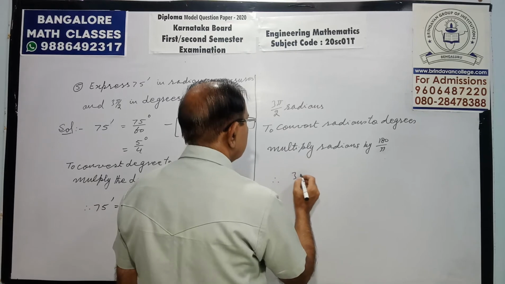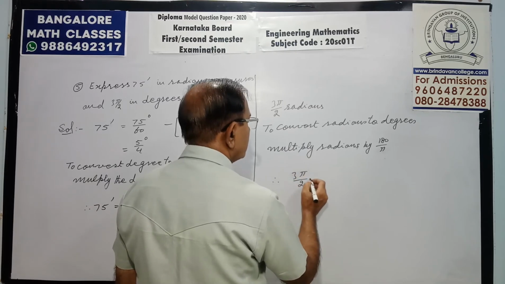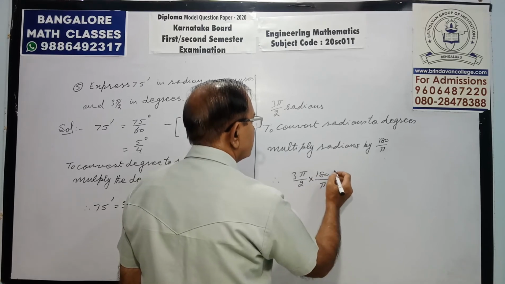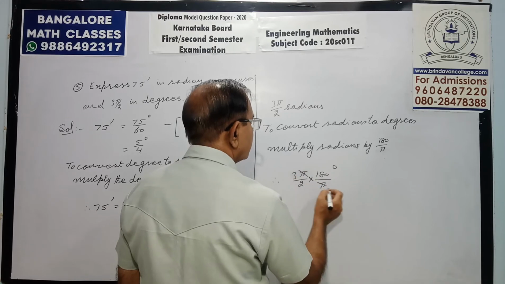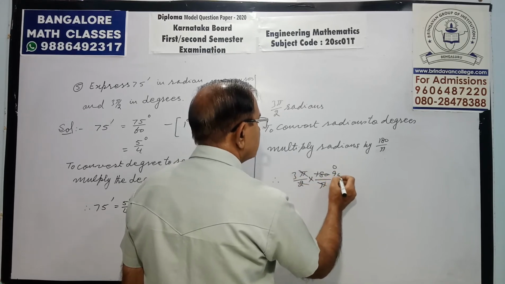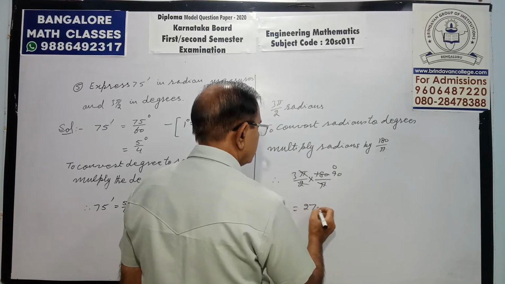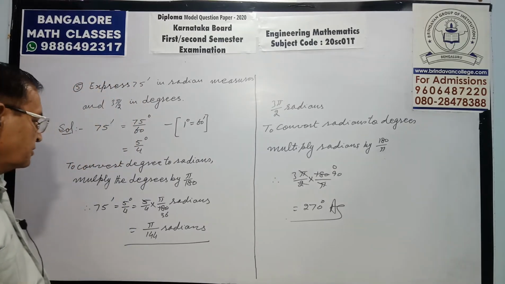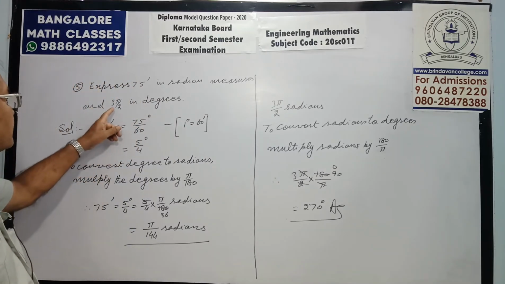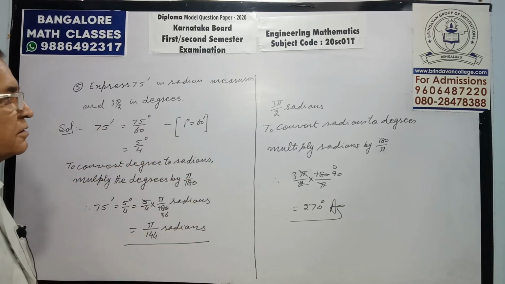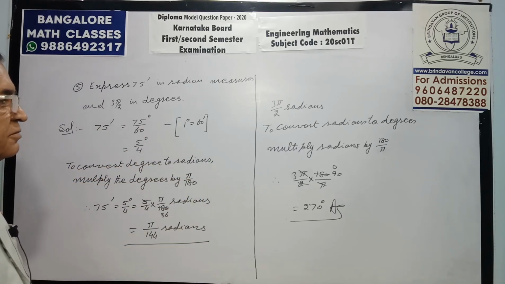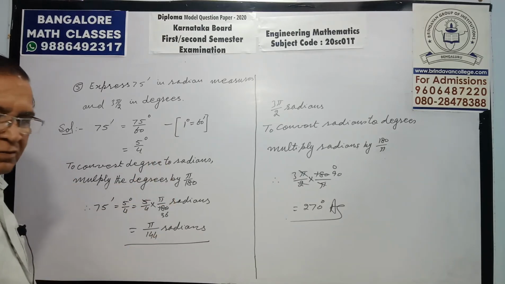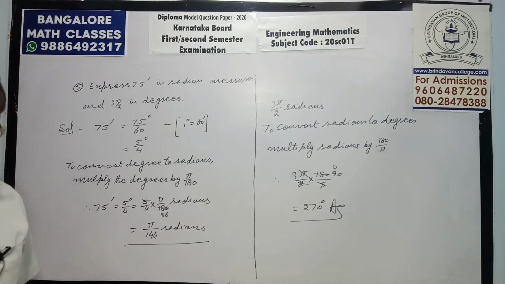So we will get 3 pi by 2 into 180 by pi degrees. Pi we can cancel, 2 into 90 is 180, so 270 degrees. So to convert radians to degrees, just multiply it by 180 by pi, and degrees to radians, pi by 180. So like that we can solve this sum.